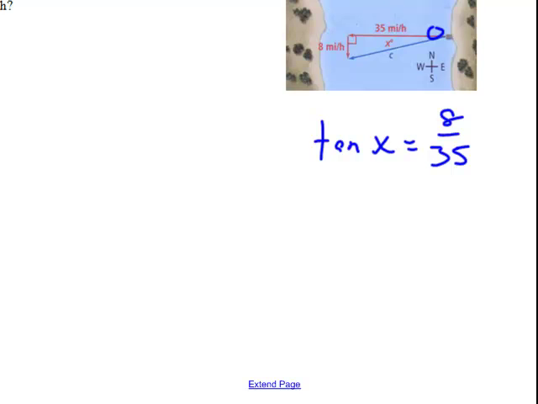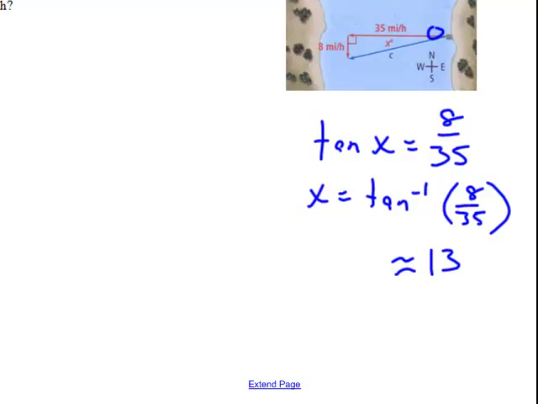So in this particular case, x is equal to the tangent inverse. Because I'm trying to find the angle, I use the inverse function of 8 over 35, which is approximately equal to 13 degrees, and it looks to me like I'm going south of west, 13 south of west.